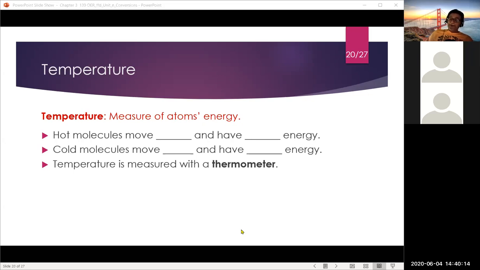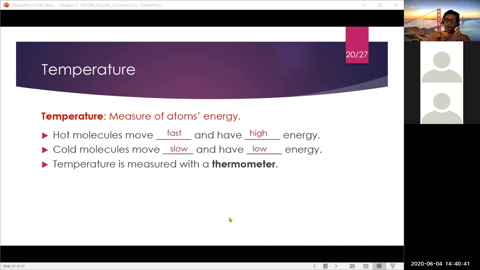It's hot, you're going to run. So the same thing with molecules. If they're warmed up and hot, they're going to move fast because they have a lot of energy. Now, cold molecules don't have a lot of energy, so they're moving around slowly because they have low energy.